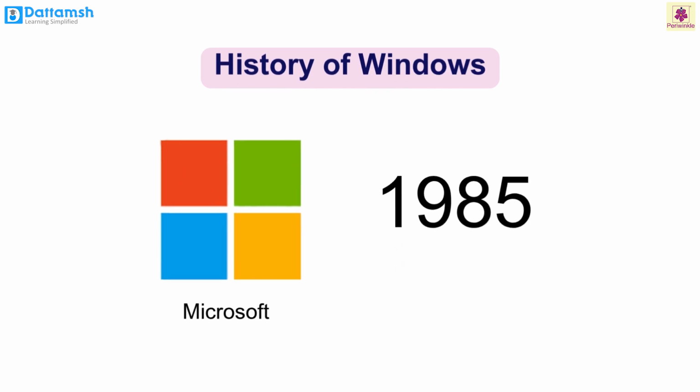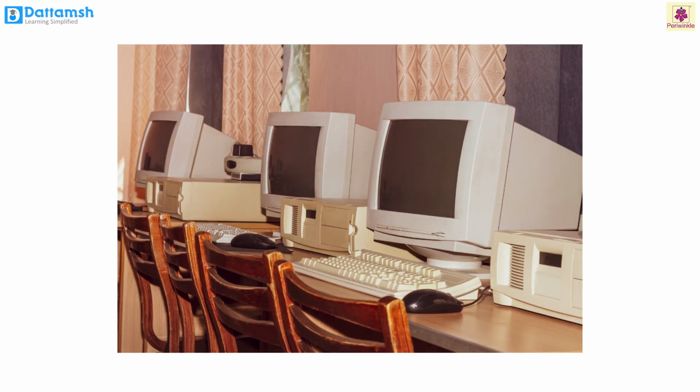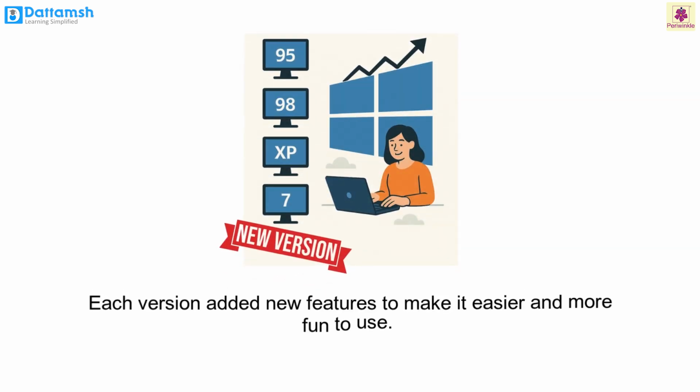Let us learn about the history of Windows. Windows was first made by a company called Microsoft in 1985. Back then, computers looked very different and were harder to use. Over time, Microsoft has made many new versions of Windows. Each version has added new features to make it easier and more fun to use.